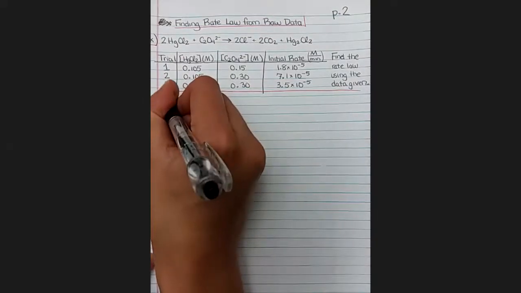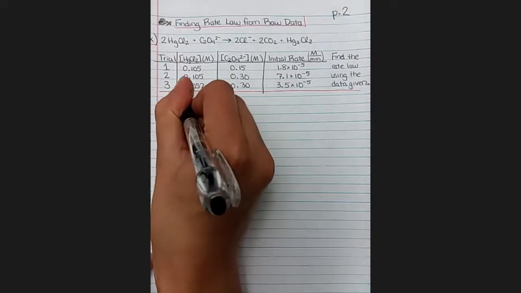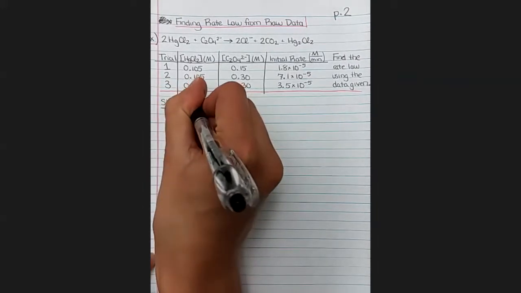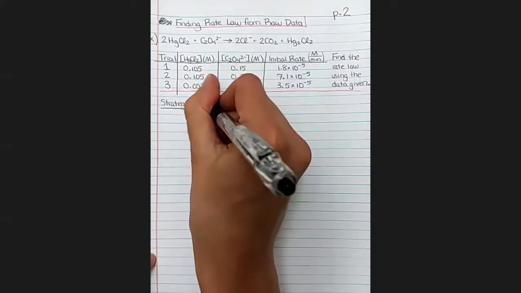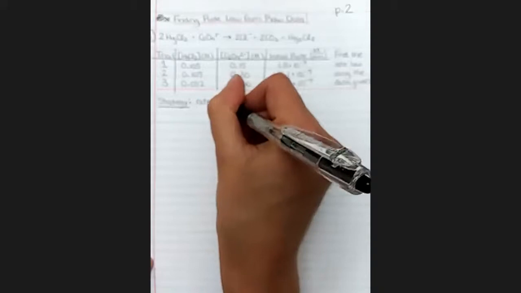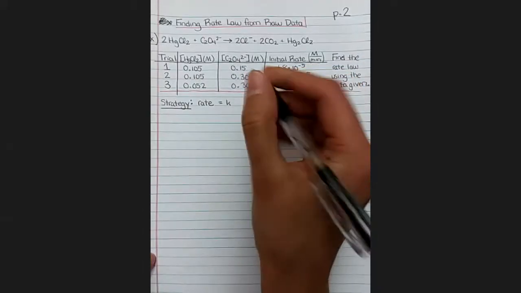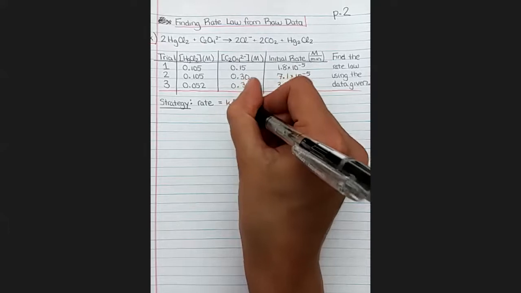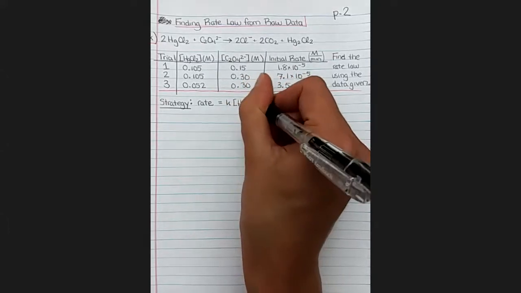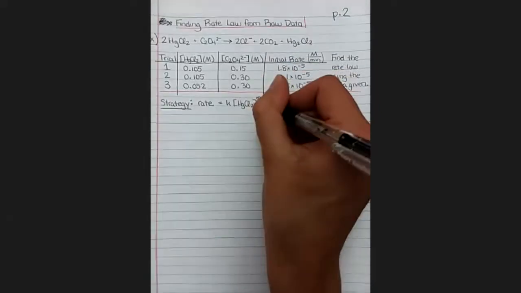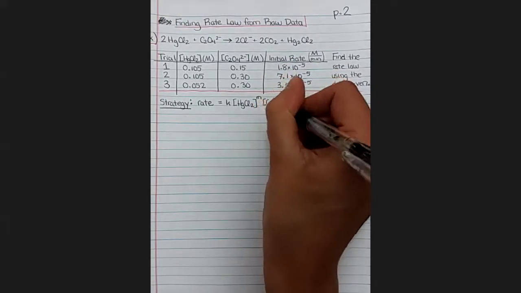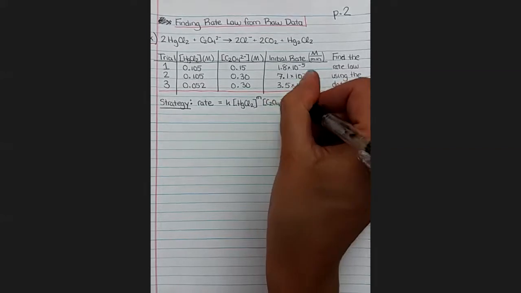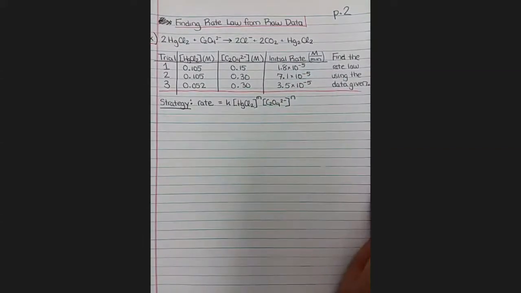So let's plan our strategy first before we do anything too fancy. We know we need to find the rate law, so let's review what a rate law looks like. It looks like rate equals rate constant K times each of the reactant concentrations, so times mercury chloride to some exponent and times oxalate to some exponent.